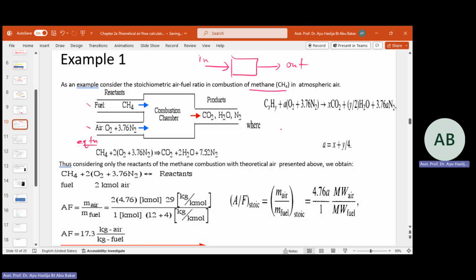Okay, from this process flow, we need to generate the combustion equation. Where this is the general combustion equation. Yesterday we had calculated the A, so this as calculated yesterday. Kita dah try semalam kan? Using methane, where the A equals 2.